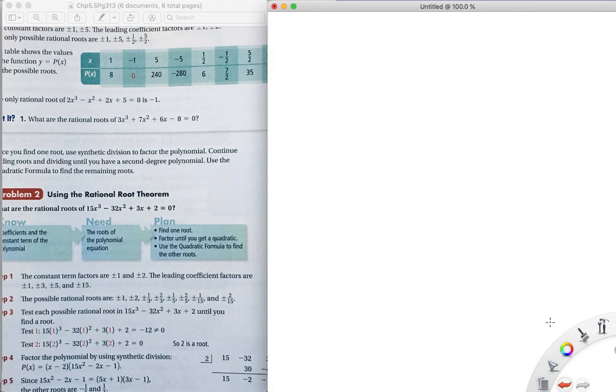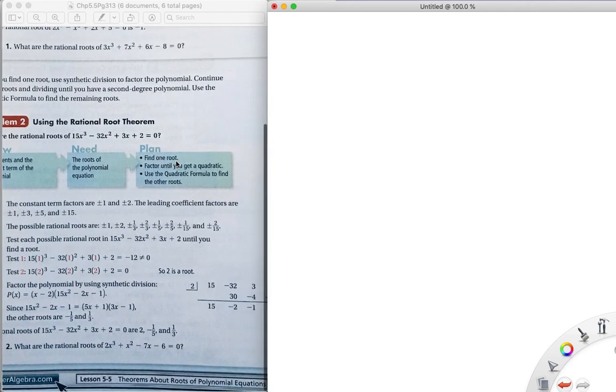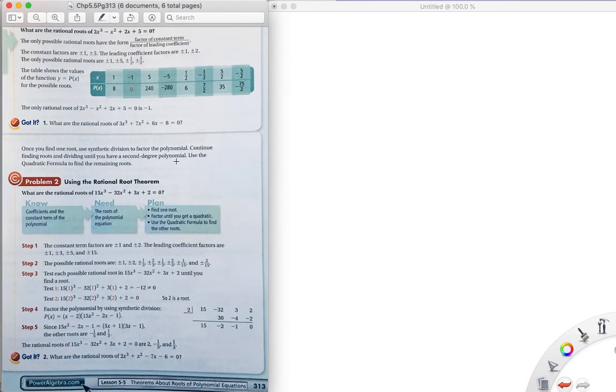And then we get another problem where they want you to not only find the roots, but also factor and try to find the factors by naming all the roots.